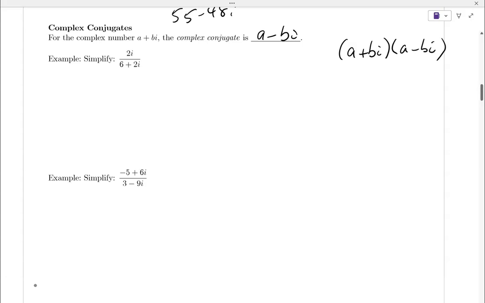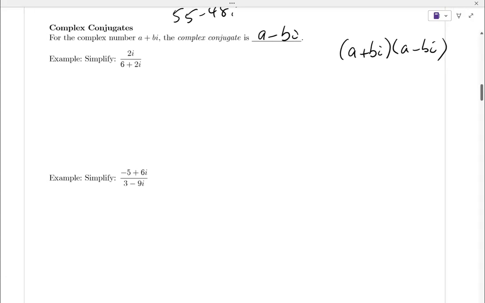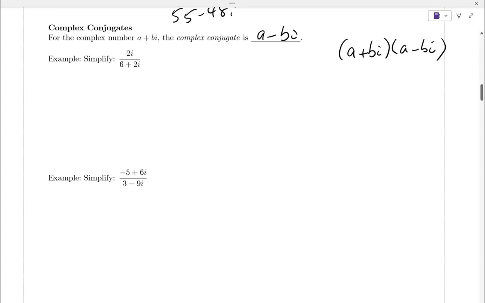If you take a plus bi and multiply it by a minus bi, what do you get when you multiply that out? Not a trick question. What do we get when we multiply that? We're going to FOIL it, right?